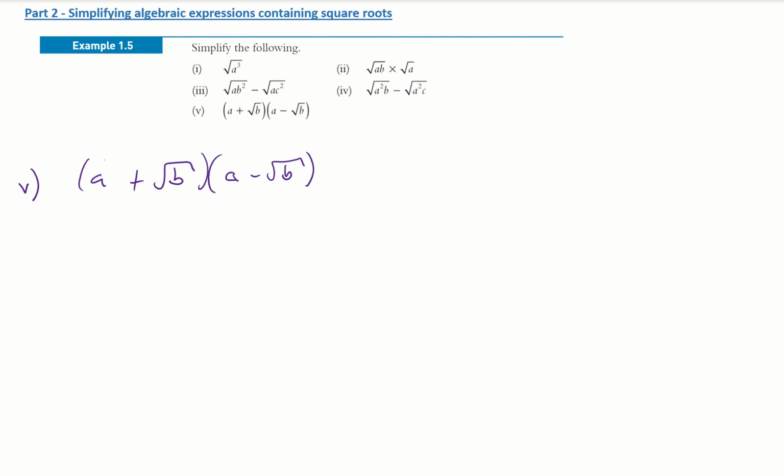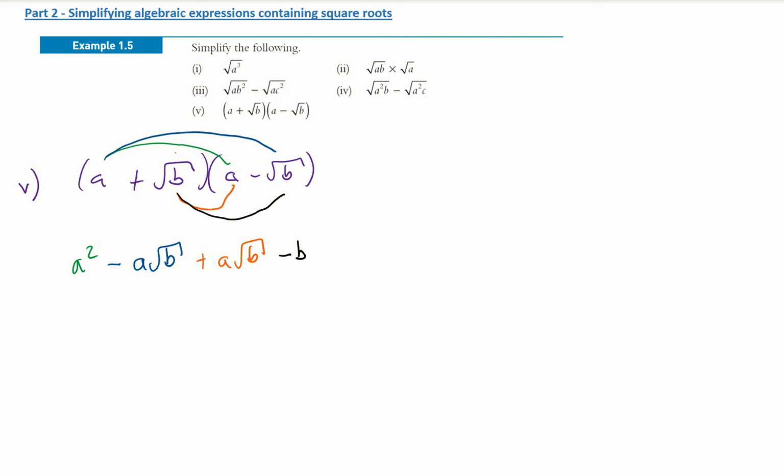So to expand this, we have a times a, which is a squared, a times negative root b, so minus a root b, root b times a, which is plus a root b, and root b times negative root b, which we can just write as minus b.